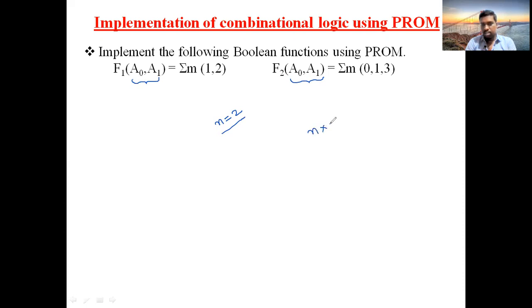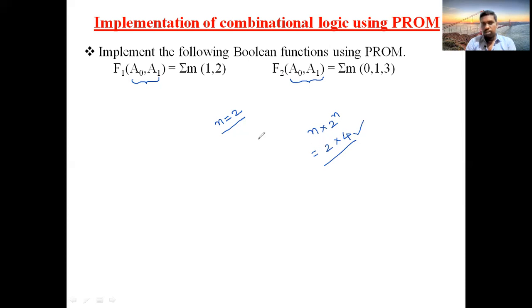Substitute the value of n equal to 2 here, then you will get 2 cross 4. So for this particular problem, a 2 cross 4 decoder is the appropriate decoder.